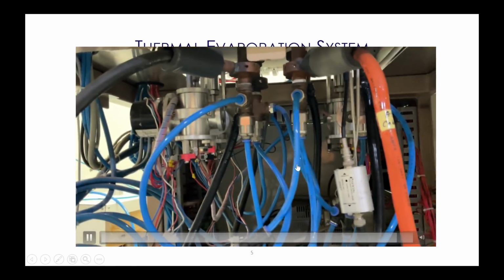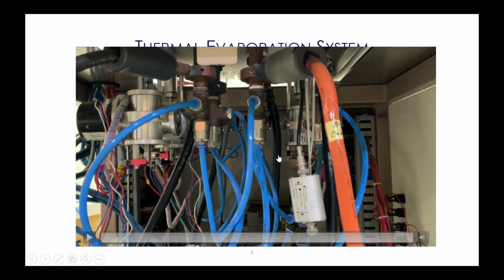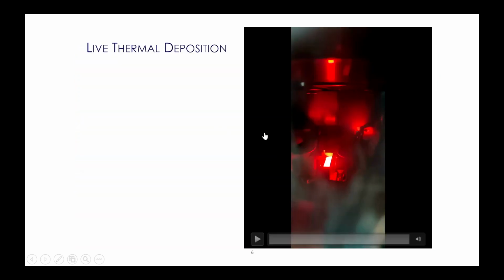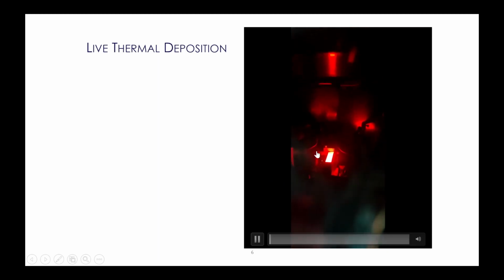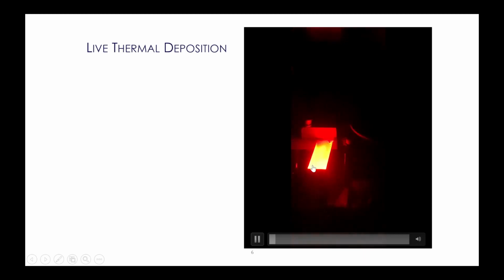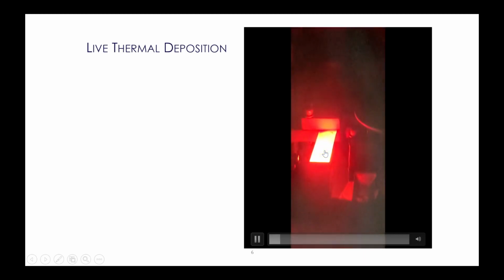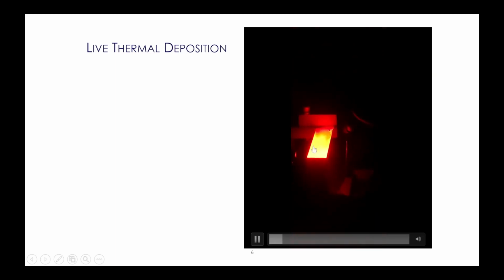This is a water pipe, the blue one, for the cooling of the boat and everything. This is a live thermal deposition system. How does thermal deposition take place? This is the substrate material, and the evaporation will take place. You can see the metal evaporating in red light. The material will glow.